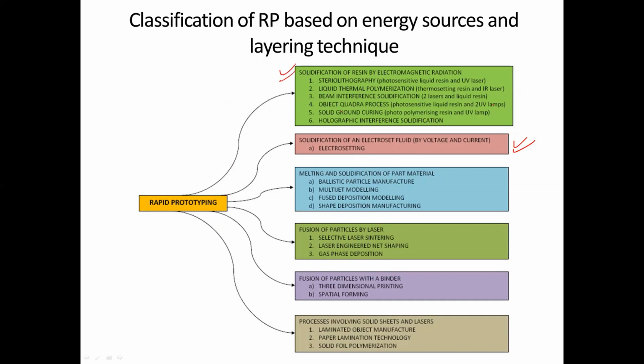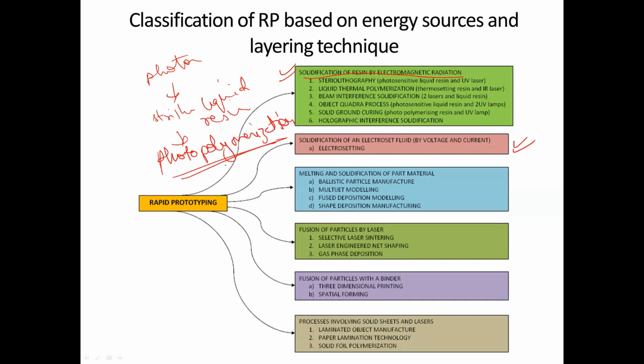The first one is solidification of resin by electromagnetic radiation. Now, that is what I explained to you in the previous slide also, that a photon is released and that photon strikes the liquid resin and creates photopolymerization. So the whole process of photopolymerization is electromagnetic radiation emitted by a source.